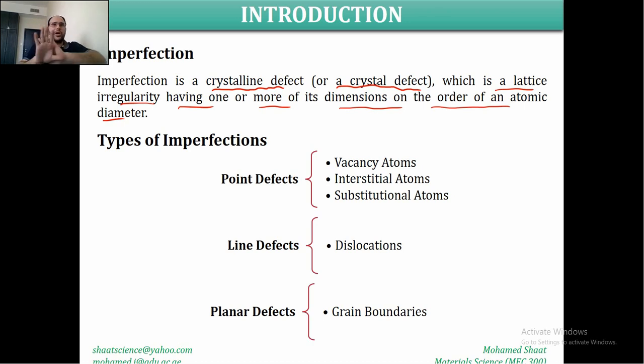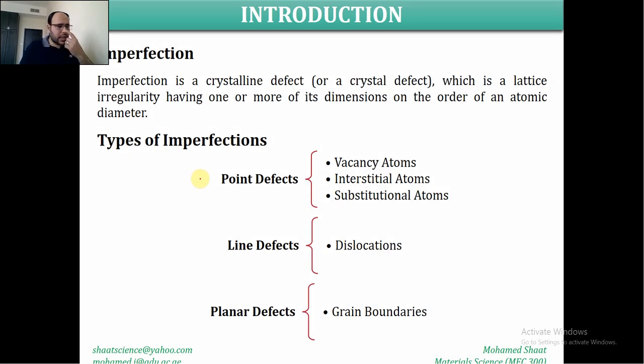If an entire plane within the crystal structure has been removed, or shifted, or displaced up, down, or left, it means that this will be a defect, but this defect is related to a plane of atoms, not just one atom. So anyway, the defect is related to one or more dimensions, and the size of this defect can be counted as multiple orders of the atomic diameter, or multiple orders of atoms.